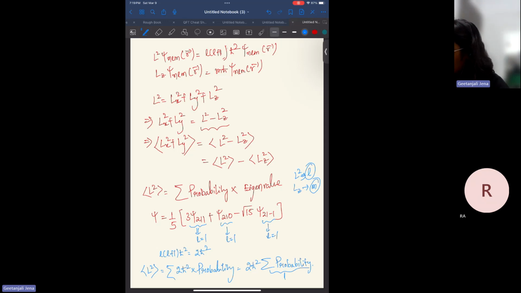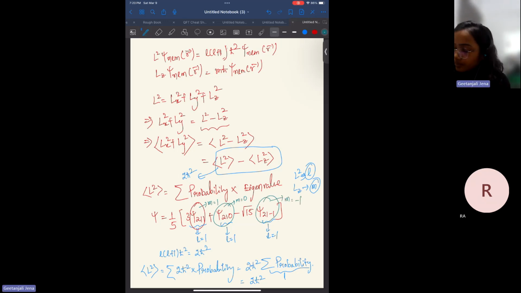The summation of probability will be 1 because the psi is already normalized. This is 2 h cut square. So one term you get in this is 2 h cut square. Now for Lz, what you have to do, you have to find out the value of M. So if you see this one, M is 1. For this one, M is 0. For this one, M is minus 1.